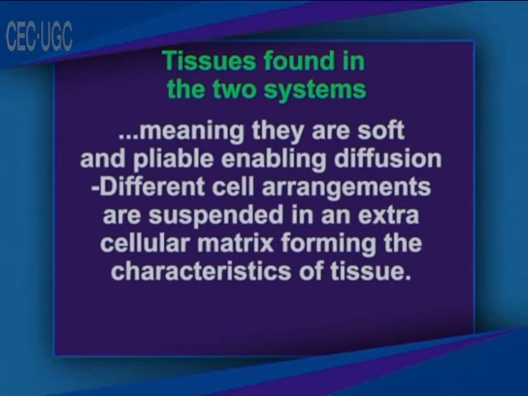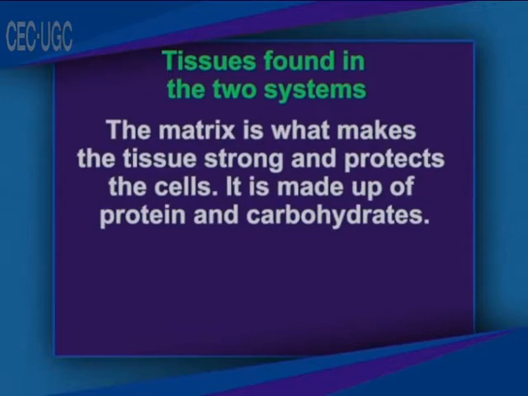Different cell arrangements are suspended in an extracellular matrix forming the characteristic of tissues. The matrix is what makes the tissue strong and protects the cells. It is made up of protein and carbohydrates.